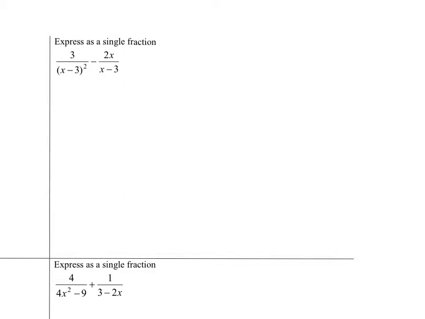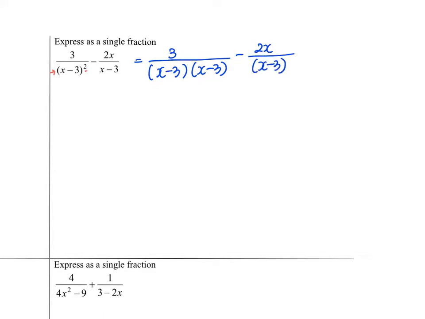First thing we always check is whether we can factorize our denominator. Well, this is already in something square. What is the meaning of x minus 3 whole thing squared? It is a repeated factor, so it can now be written as 3 over, we repeat the factor x minus 3 two times, minus 2x over the factor x minus 3.